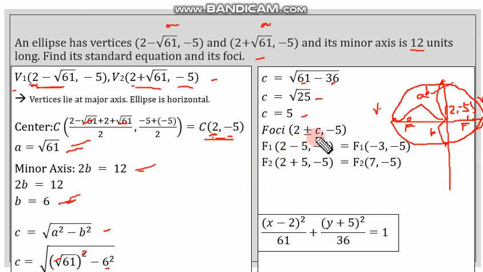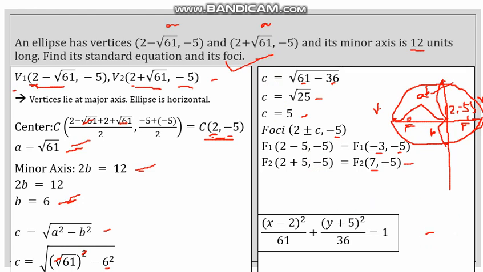So 2 minus c is negative 3. Copy the y coordinate, which is negative 5. So focus 1 is (-3, -5). And then focus 2 is 2 plus c, that's 2 plus 5, which is 7. So (7, -5) is our focus 2. So we have the value of our foci.